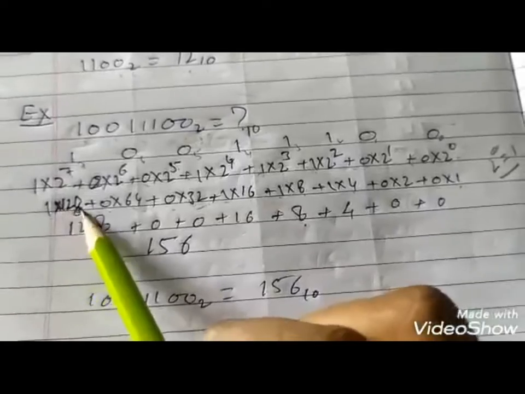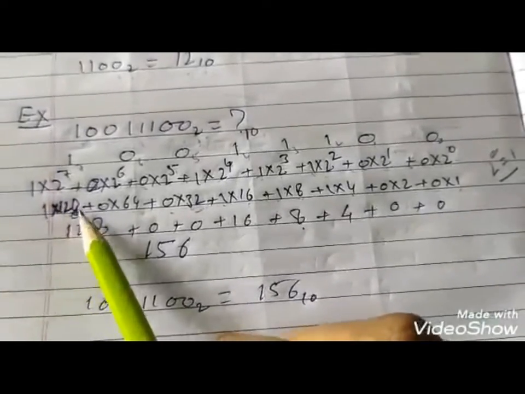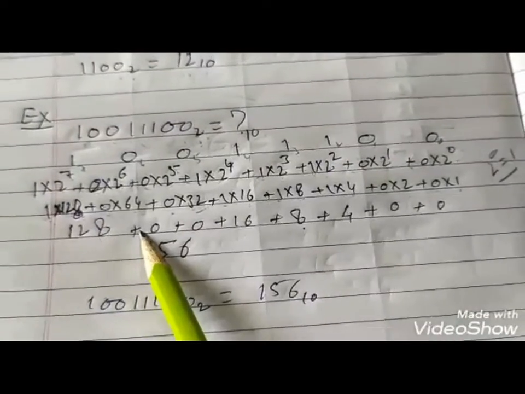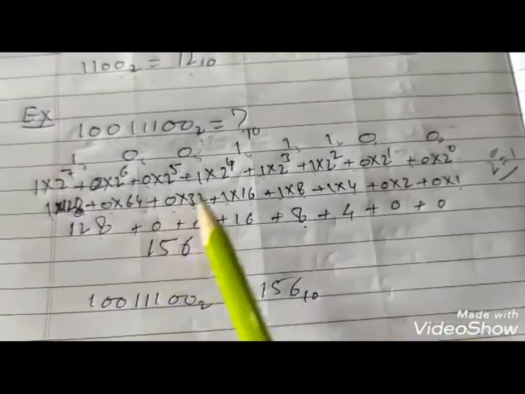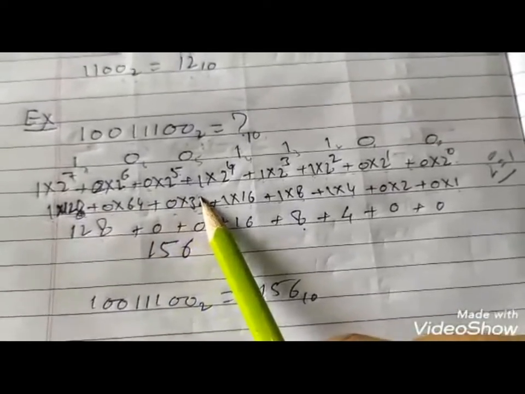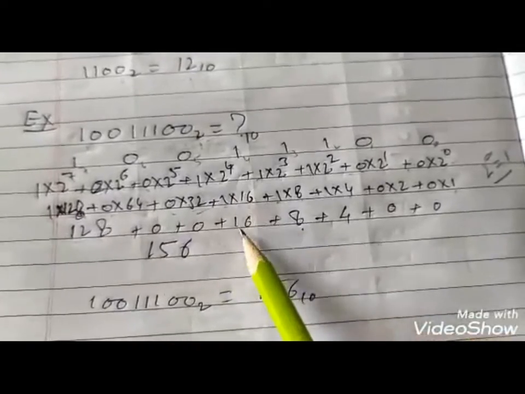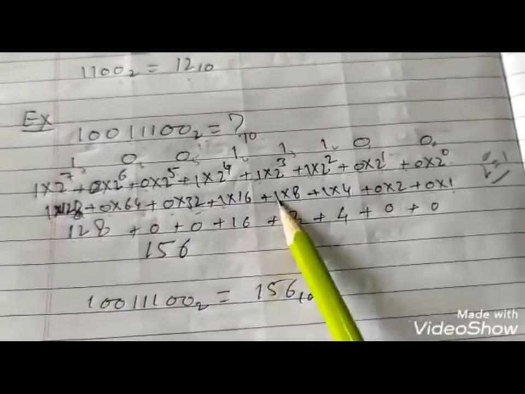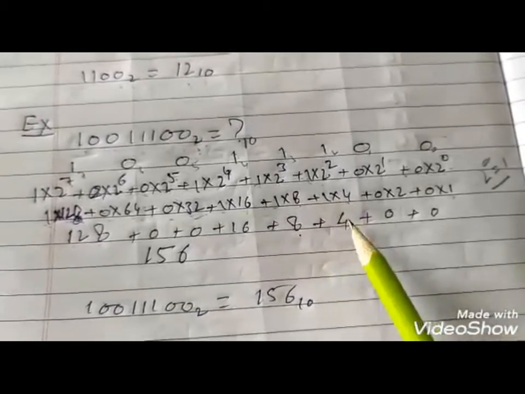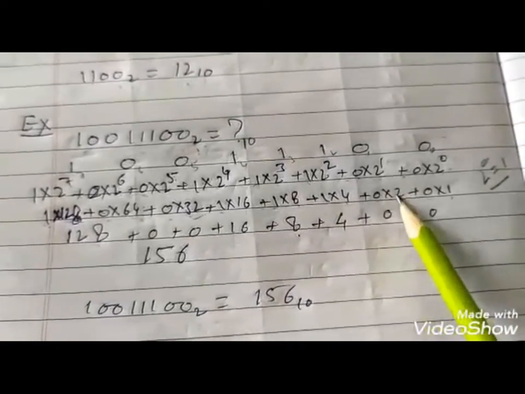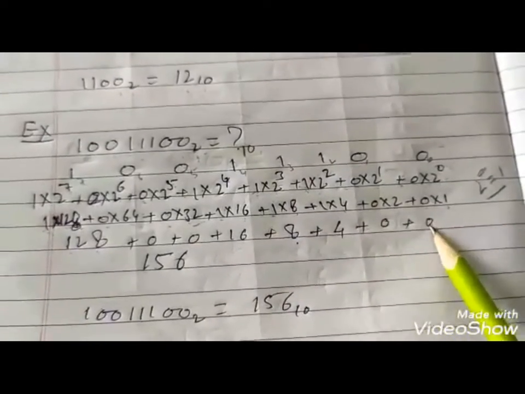Now next step: 1 multiplied by 128 is 128, plus 0 multiplied by 64 is 0, 0 multiplied by 32 is 0, 1 multiplied by 16 is 16, plus 1 multiplied by 8 is 8, plus 1 multiplied by 4 is 4, plus 0 multiplied by 2 is 0, plus 0 multiplied by 1 is 0.